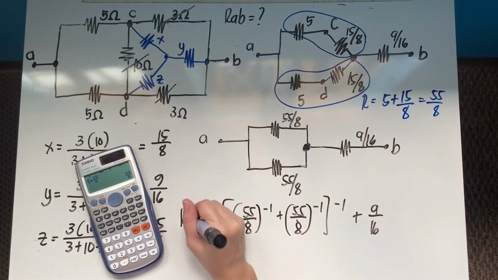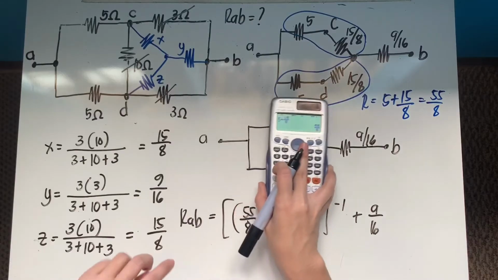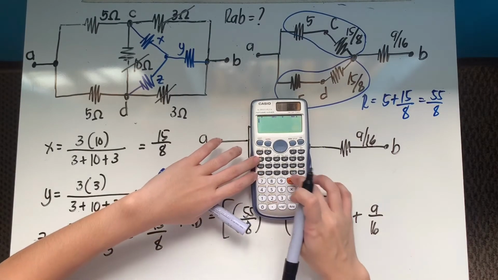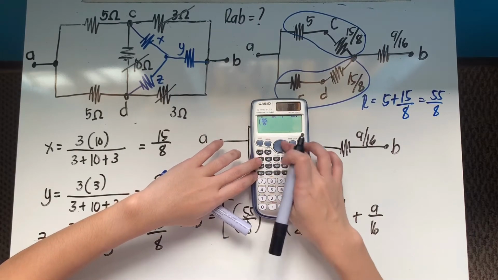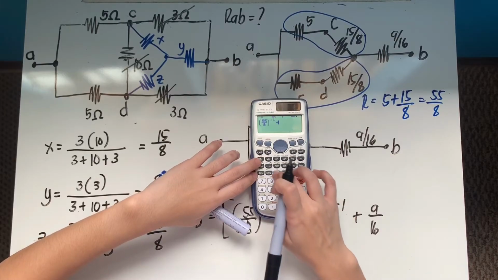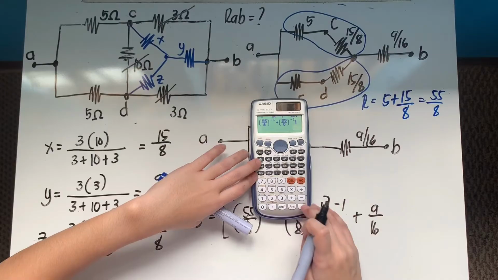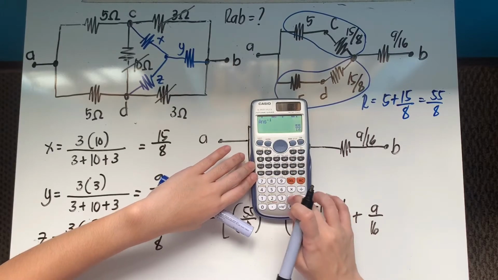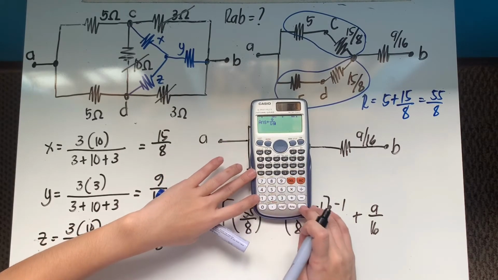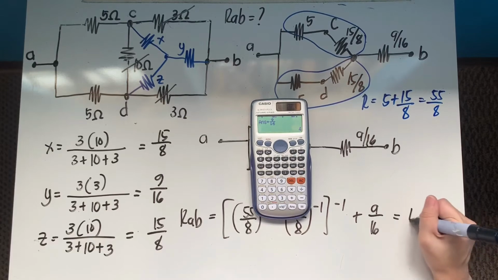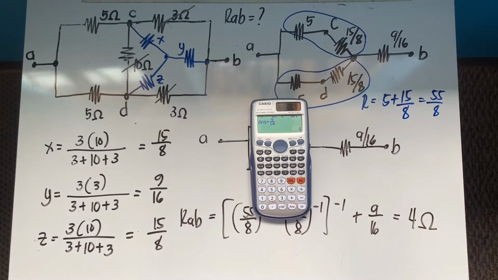Makukuha na natin si RAB. So, if we're going to type that in our calculator, you have 55 over 8 plus inverse plus 9 over 16. Our answer is 4 ohms.